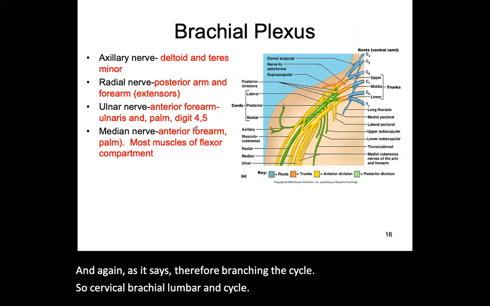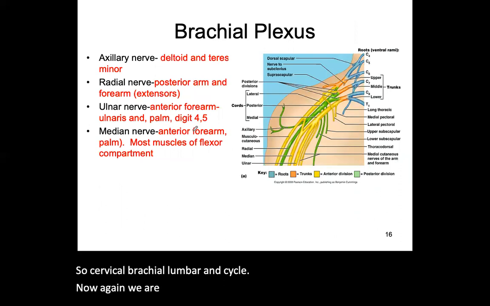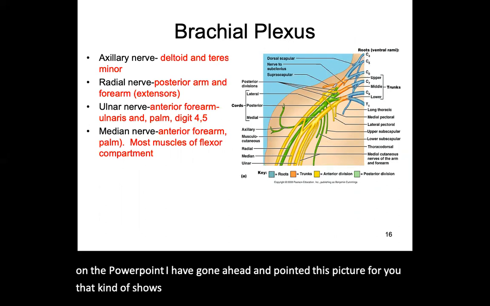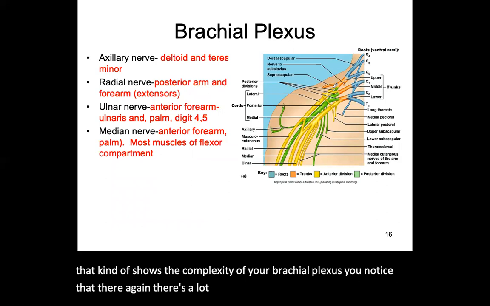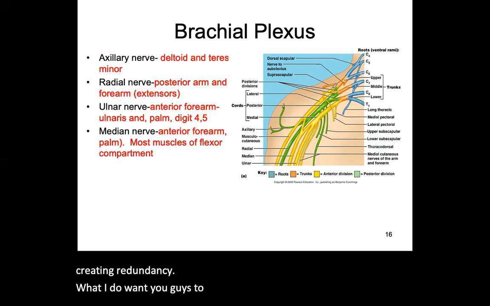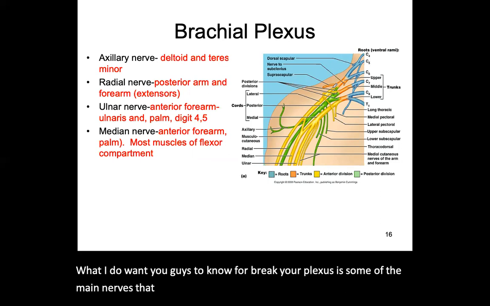Now, again, we're not going to show a lot more detail than what I have on the PowerPoint. I have gone ahead and pointed this picture for you that shows the complexity of your brachial plexus. You notice that there, again, is a lot of interlacing patterns where the nerves create redundancy. What I do want you to know for the brachial plexus is some of the main nerves that originate from this plexus.